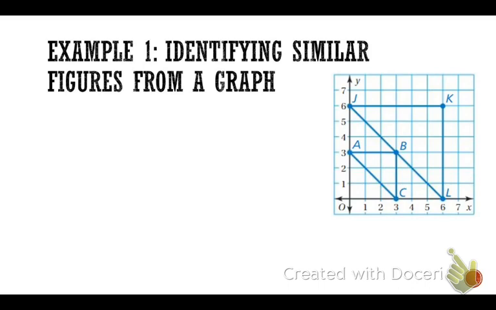What we're going to do is pull out these ordered pairs, points A, B, and C, and we're going to try to see if there's a connection between their x and y values, basically an operation that's getting us from one figure to the next. All right, and we'll talk about the sequence in just a sec.